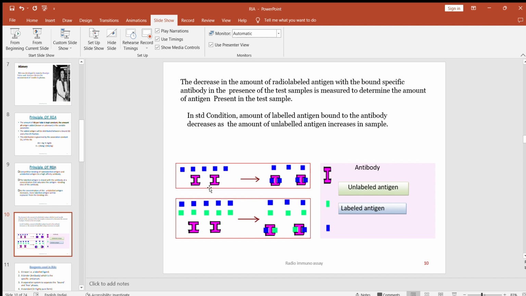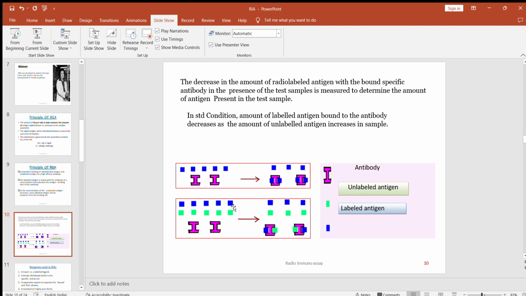This is the picture, with a known concentration of the antibody. The labeled form of the antigen is added, and it binds to the antibody. Afterwards, the unlabeled form of the antigen is added.